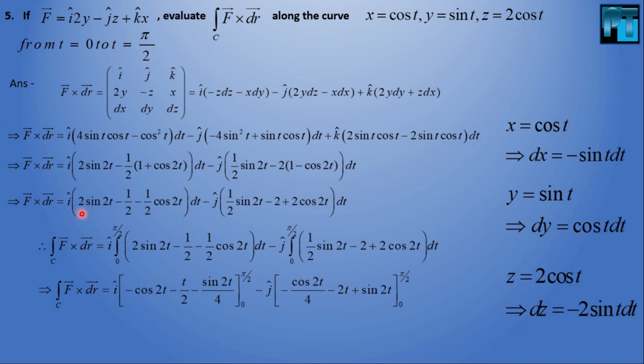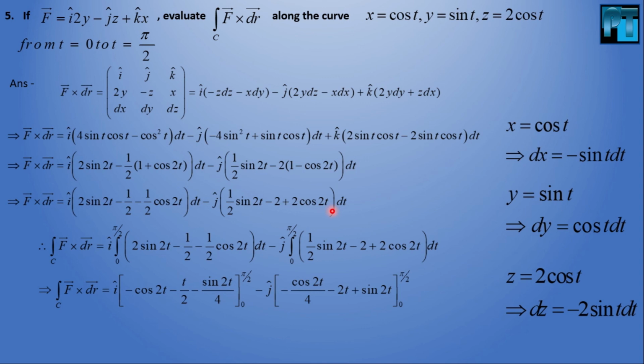Remember, in my first lecture I told you that whenever you do any vector integration like this type, you have to evaluate the components separately. See, i cap integration of this thing minus j cap integration of this thing. Otherwise, there will be chances of mistakes, and if you make a mistake at this point, everything is gone.